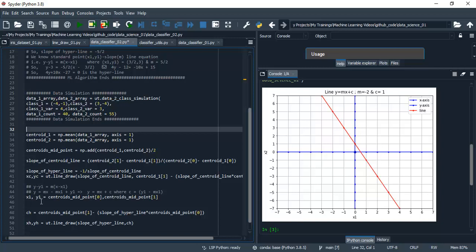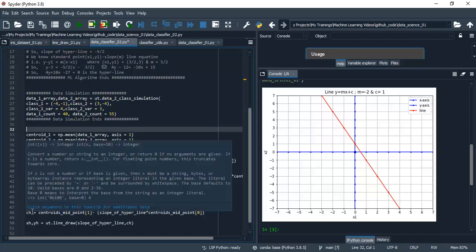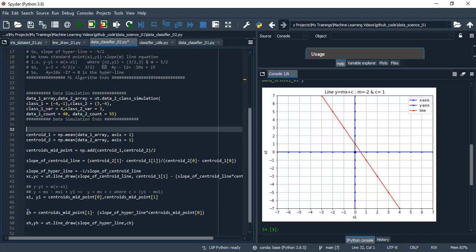That's it. Now ch, that means hyperline intercept. So the hyperline intercept will be nothing but, what is this ch? What was xc and yc? Okay, this is the ch.